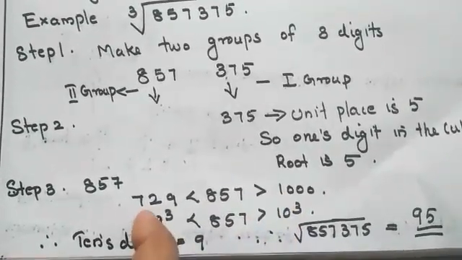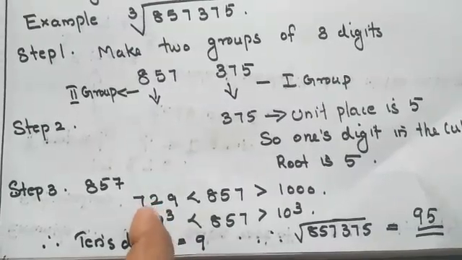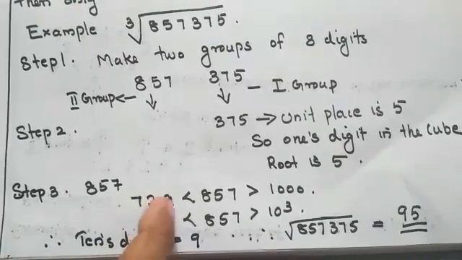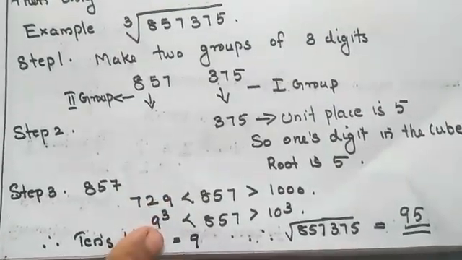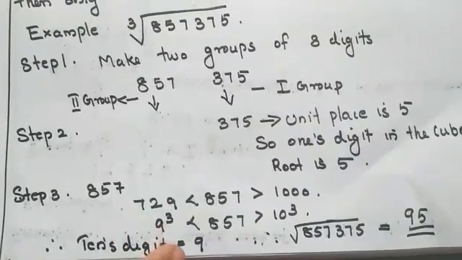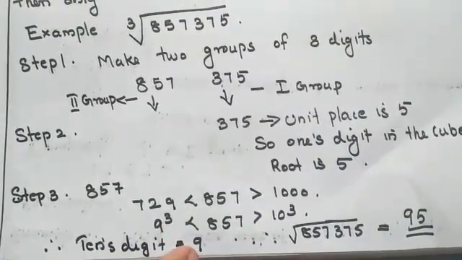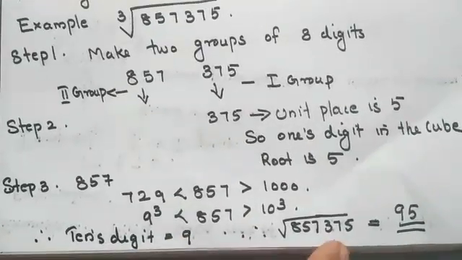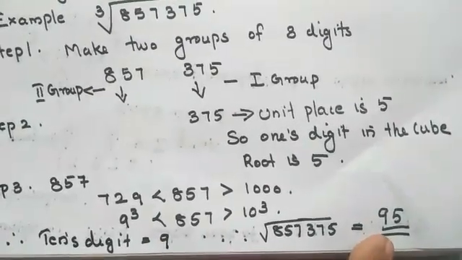So here we will take the lowest cube, that means 729. Its cube root is 9. So the tens digit will be considered as 9. So we will get the cube root of this number 95.